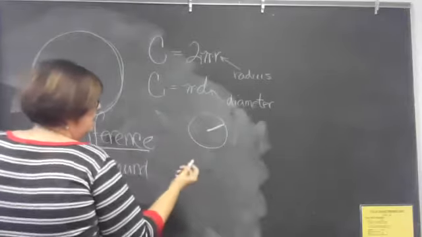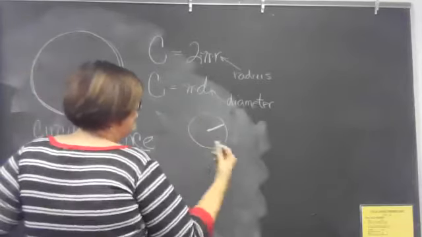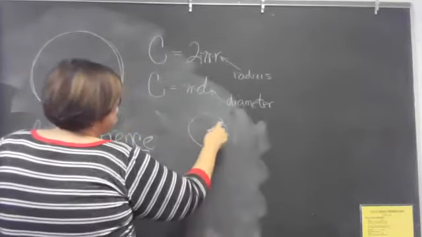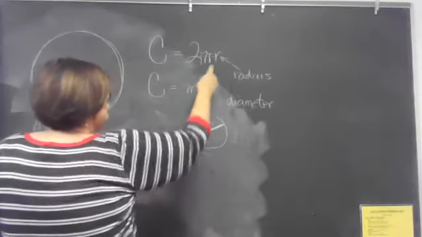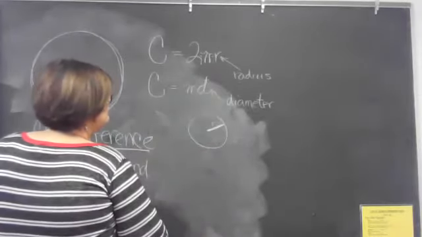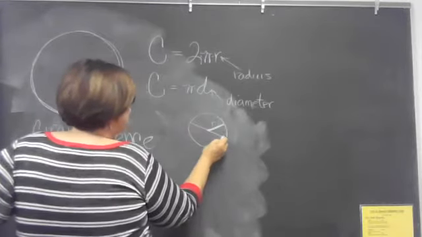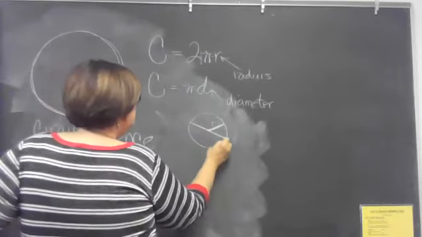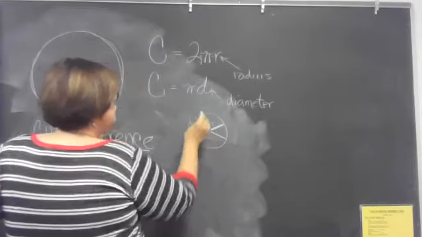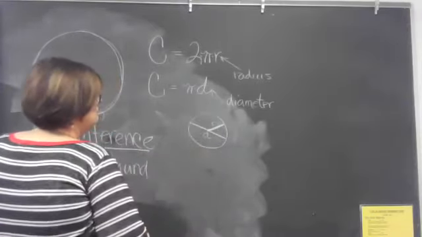They said, okay, if your picture or your problem that you're trying to work shows you the radius, then you can use this one. But if the problem that you're working shows you the amount of the diameter, then you can use this one.